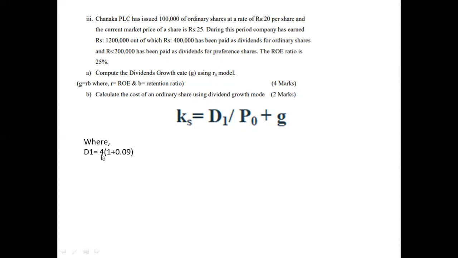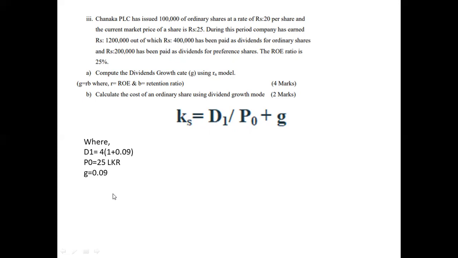Then you are aware that in the growth model D1 equals D0 into 1 plus G. Here D0 times 1 plus G gives 4.36. P0 in the sum has been given as a market value of 25, so we can use that.